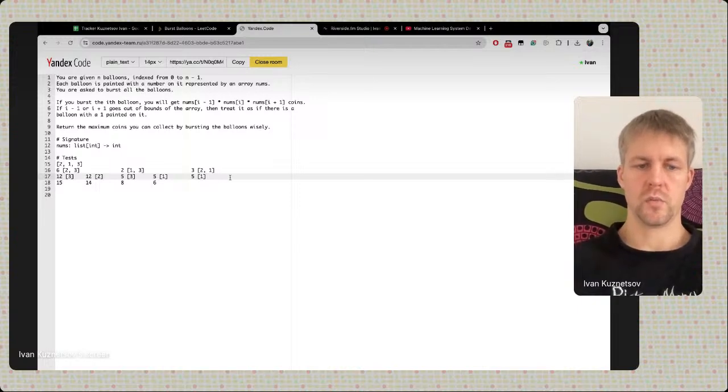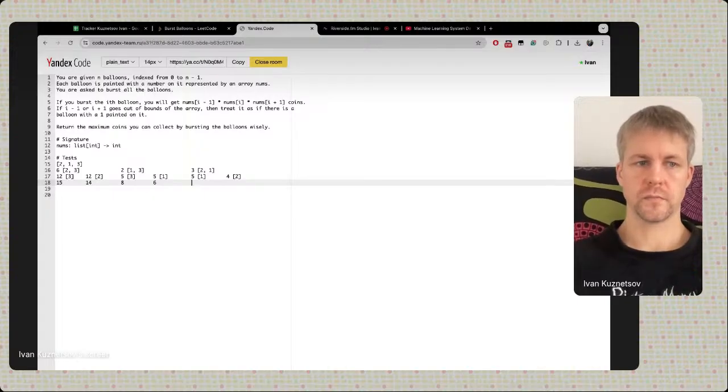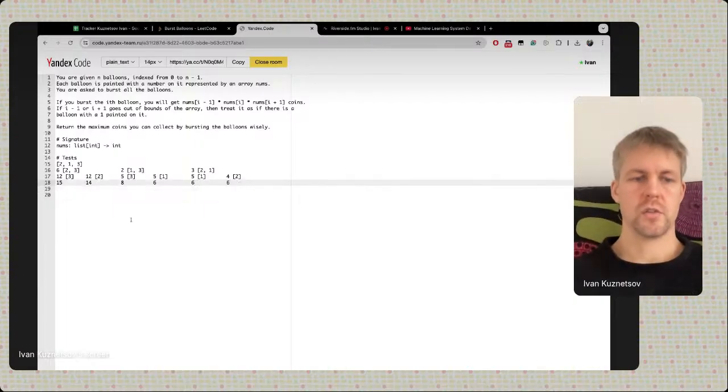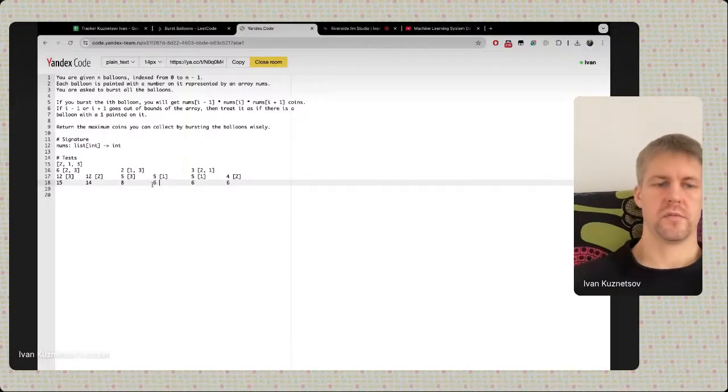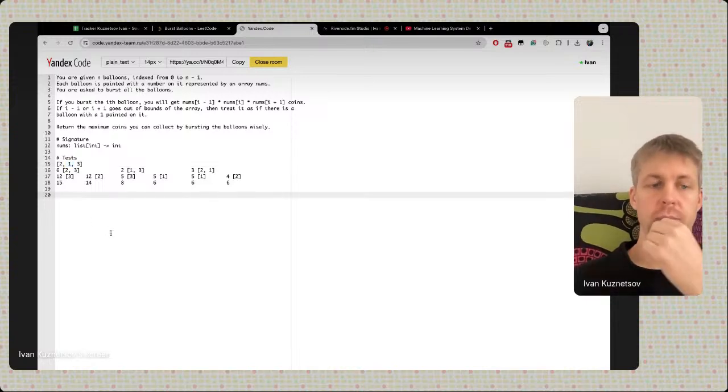Or we can burst 1, so it will be 4, and only 2 is left. So here we will get 6 in the end, and here we will also get 6 in the end. So we are getting similar numbers for these directions, but obviously bursting 1 first is better.